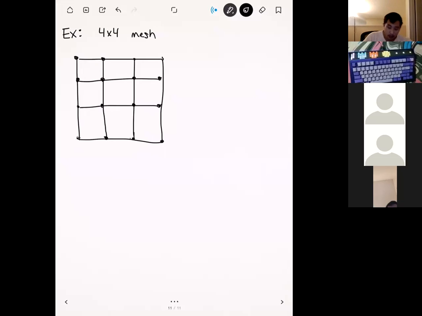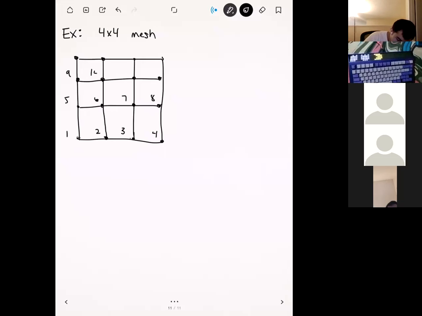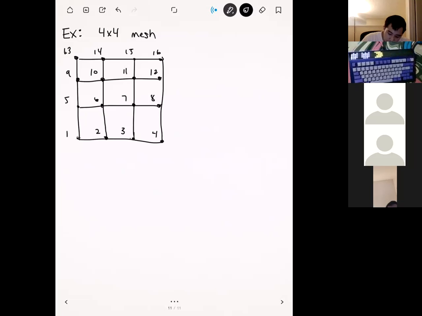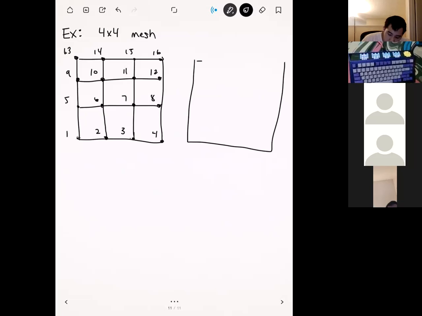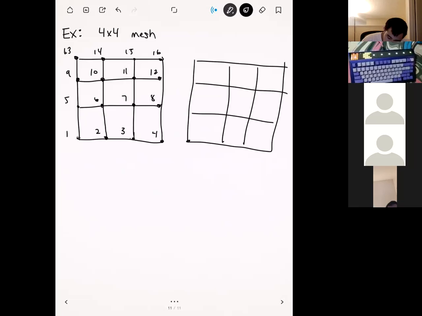Let me go ahead and number all of these nodes. Then let me draw the same grid, but let me draw out the ij coordinates for each of the nodes. The ij coordinate in the bottom left is going to be 1, 1.